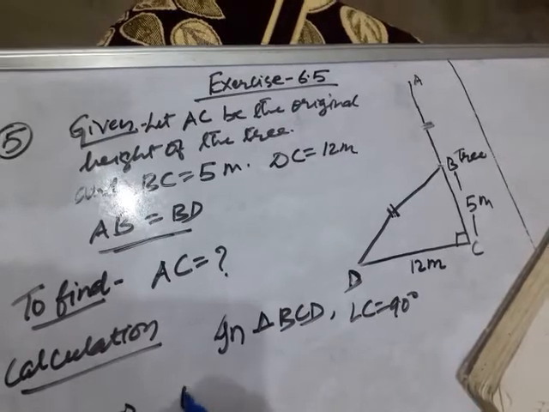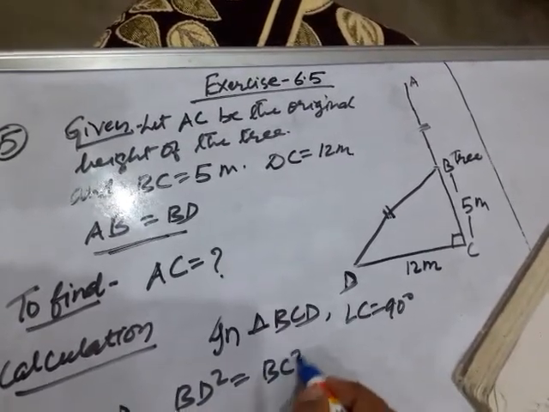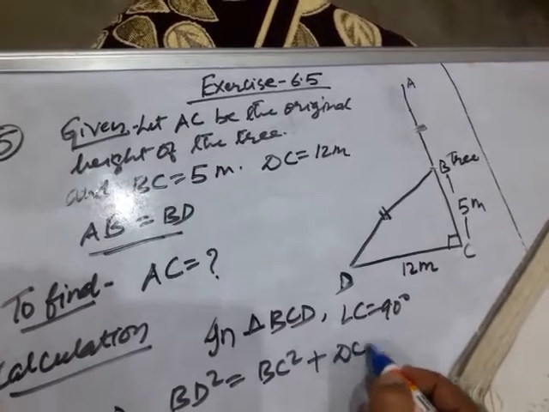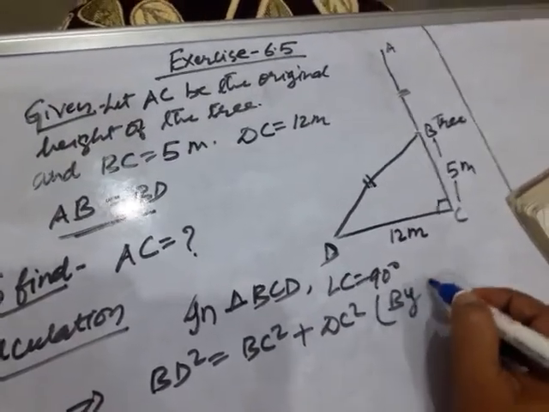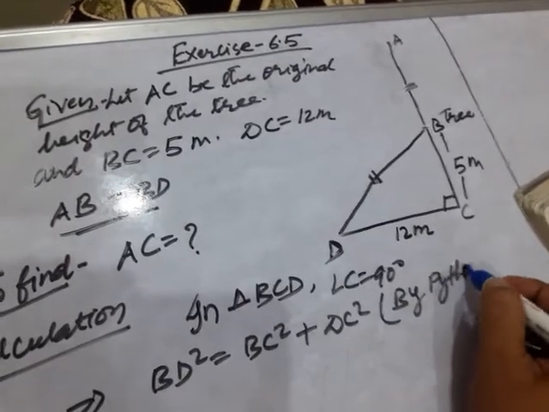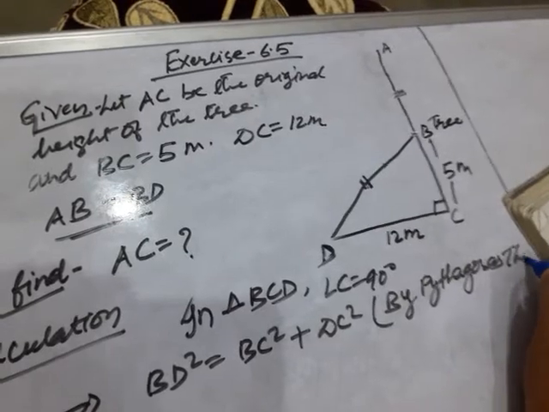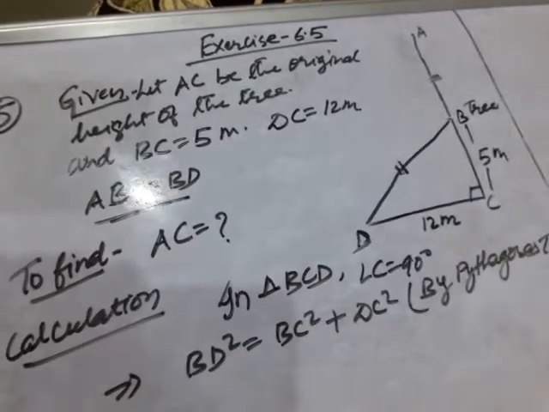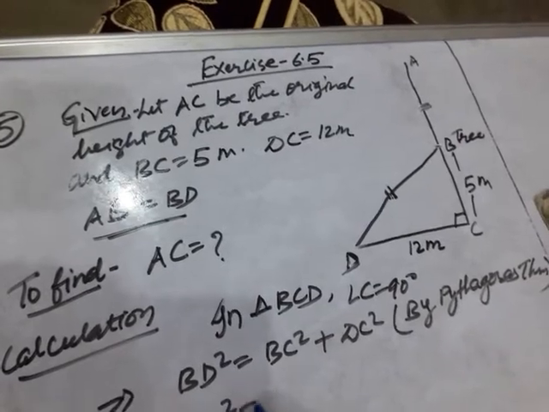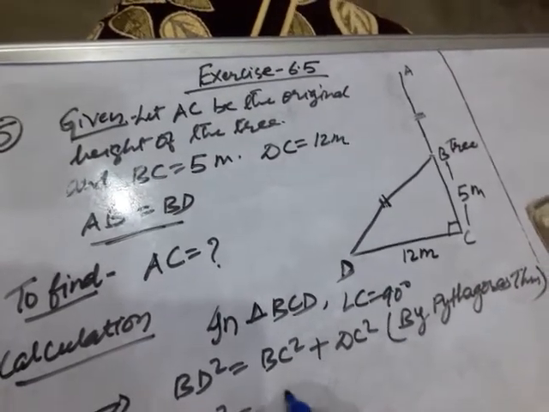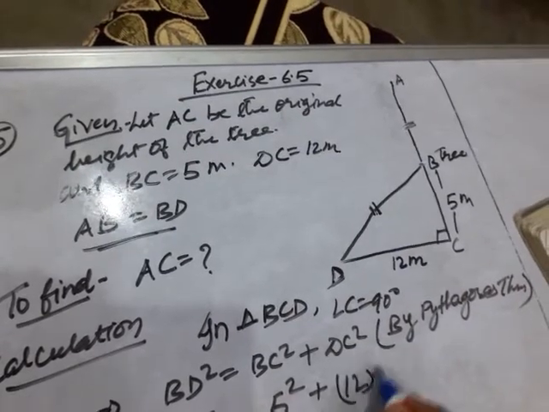This implies that BD square equal to BC square plus DC square by Pythagoras theorem. Okay, children, this implies put the values. BD square equal to, what is BC? BC is given to be 5 square plus DC is 12 square.